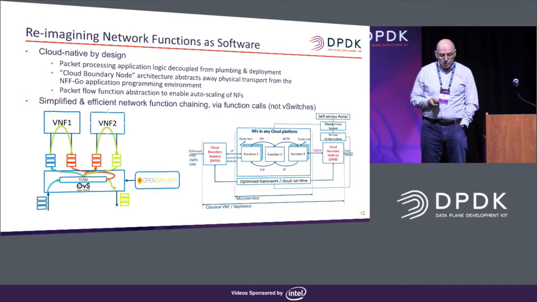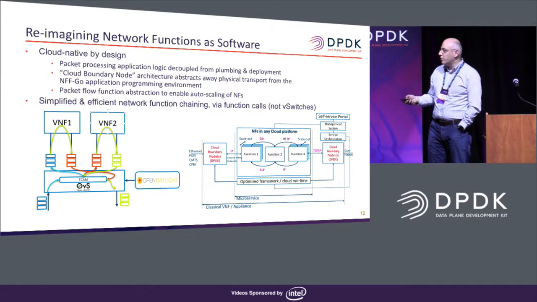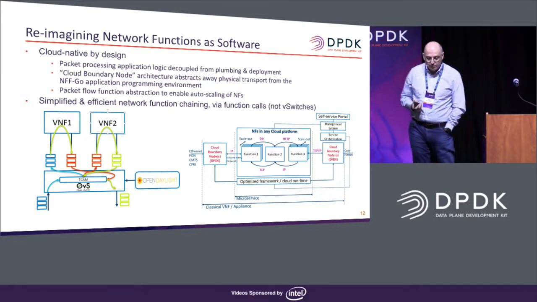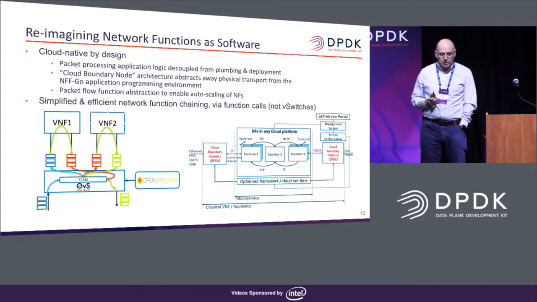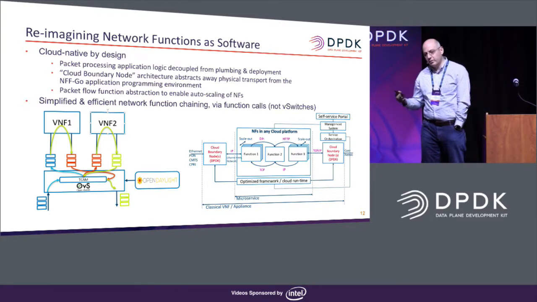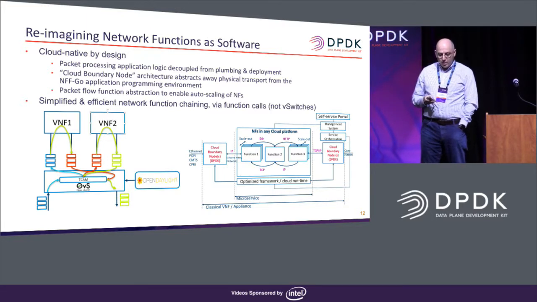We came up with the notion of a component which we call the cloud boundary node. This is the place where we need to be line rate, and it acts like a converter of incoming traffic into something which will later be consumed in the cloud. Here you can see it is written in NFF-Go using DPDK.